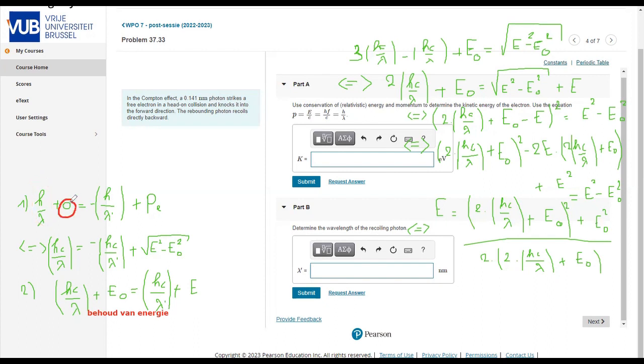This one was more for the electron, but the story is going like this. A photon is reaching an electron. Imagine an electron is a circle. When the photon reaches this electron, it will go backwards. It means that the photon is going away. It's just bouncing off the electron.